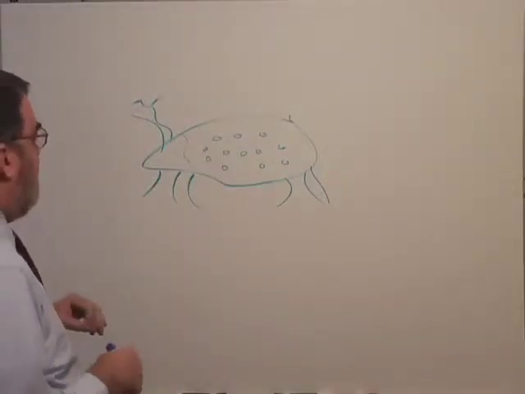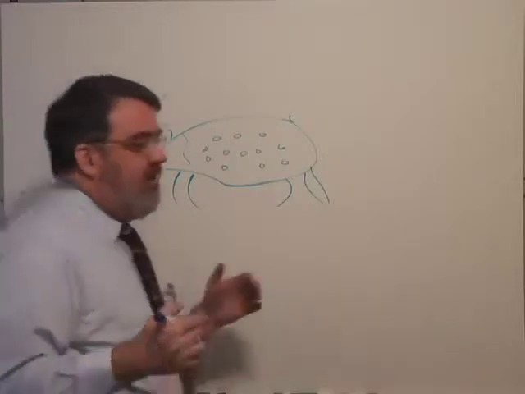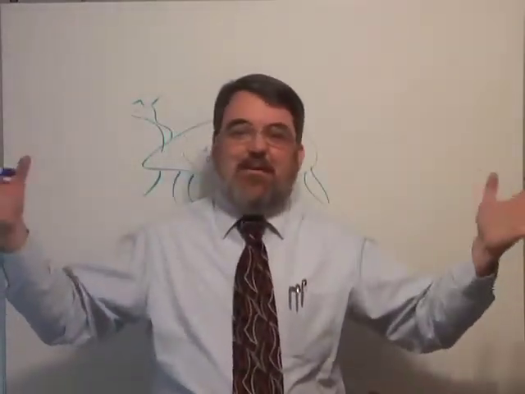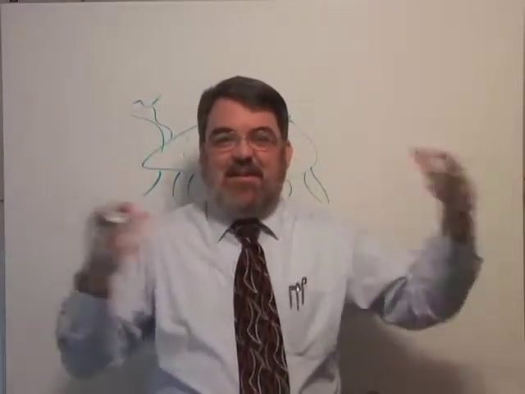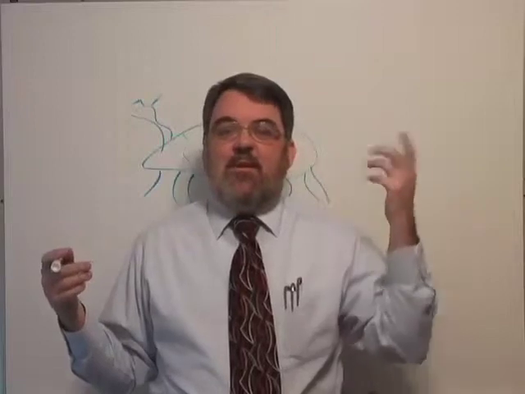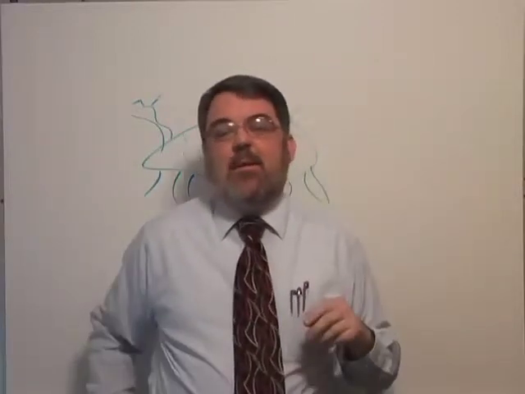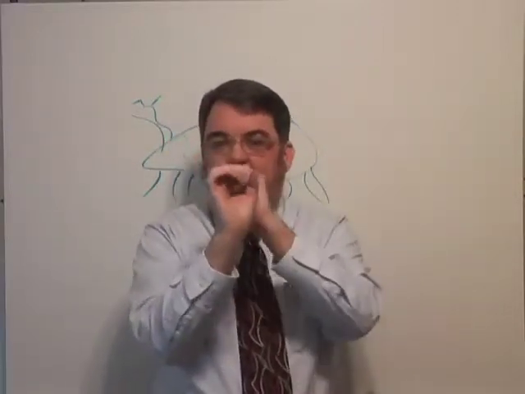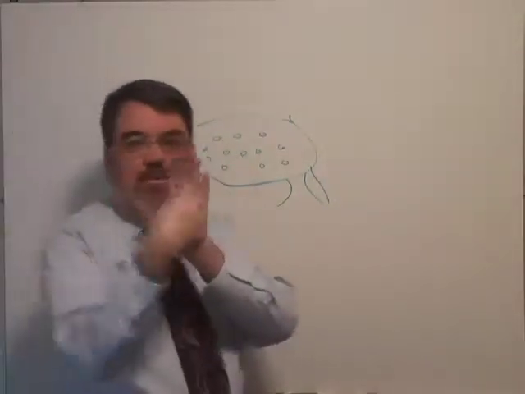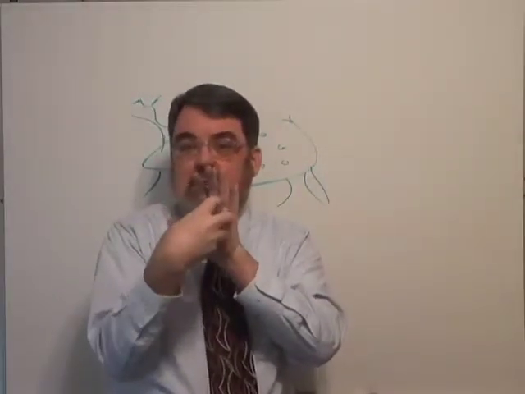Now, if you were somehow able to snap your fingers and make a much bigger insect, as the insect is made bigger, its weight increases according to the cube, the third power. But the air is being pulled in across an area.